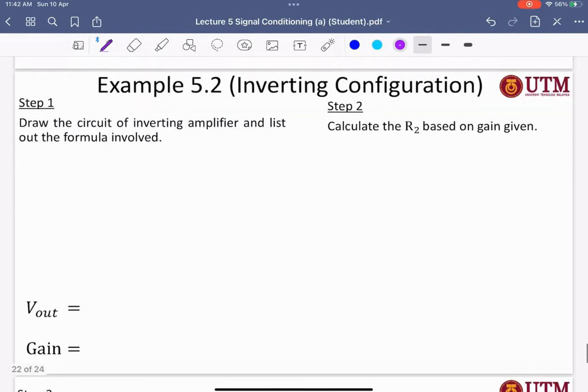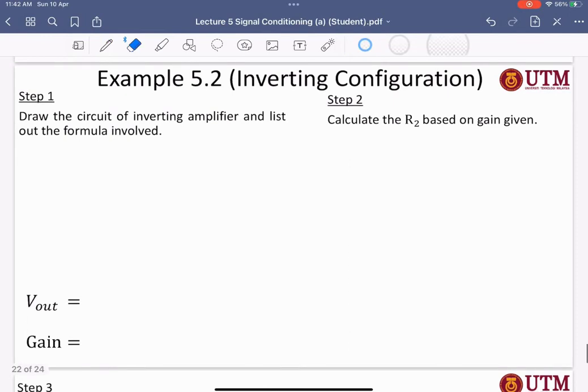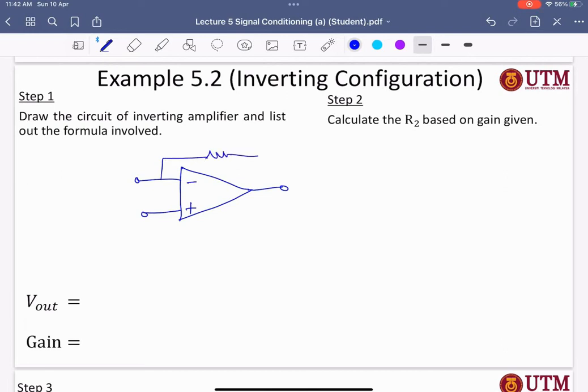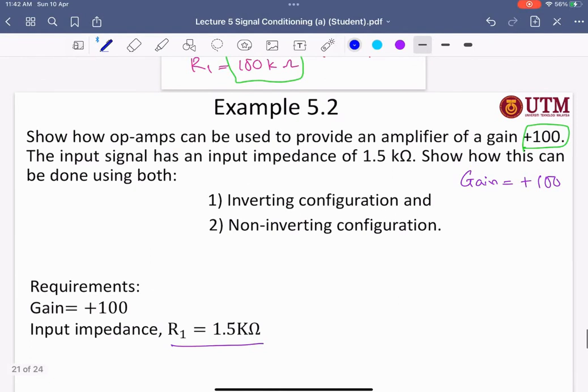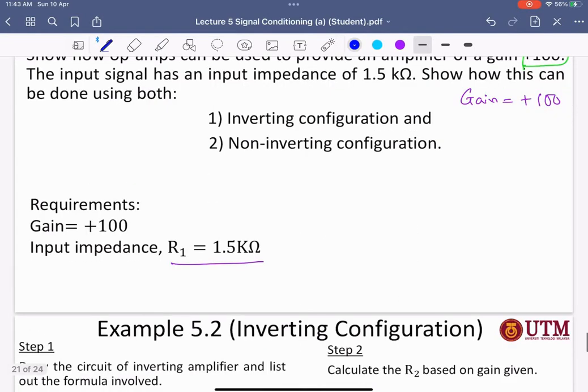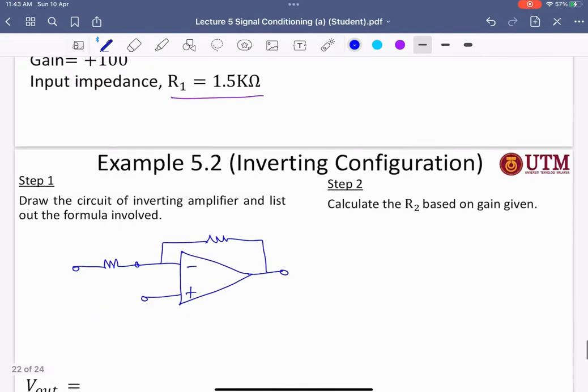Okay, so the first one is the inverting configuration. First of all, draw the inverting op-amp, minus and plus. Now it has the feedback resistor and also the input resistor, because the question said the input signal has an input impedance of 1.5k.